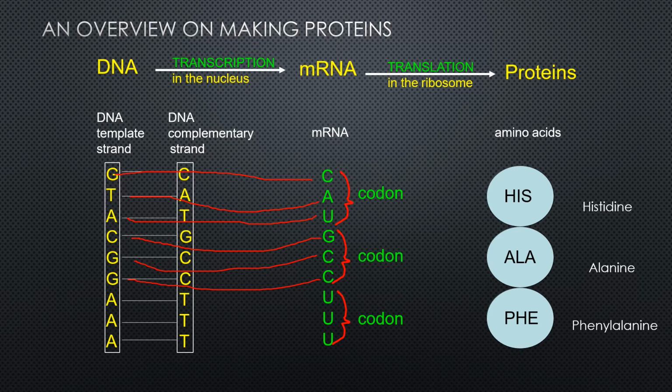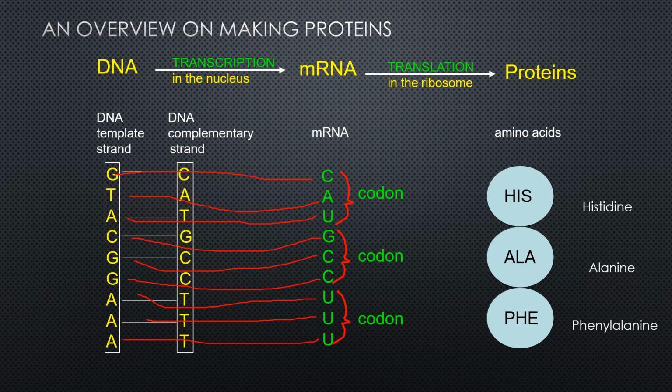And here we have 3 uracils that complement the adenine, because we are making a complementary strand that temporarily binds with the DNA template. And remember, those are hydrogen bonds, easy to break. Okay.